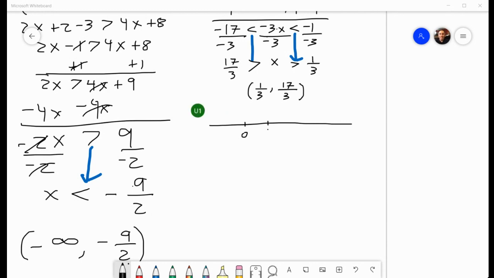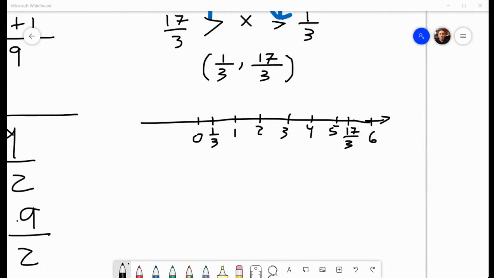Between 0 and 1. 17 over 3, that's between 5 and 6. Okay. Let me fix that up, make it a little bit nicer for everyone. Like so. Okay, hopefully, here, let me zoom that in so you can see it.